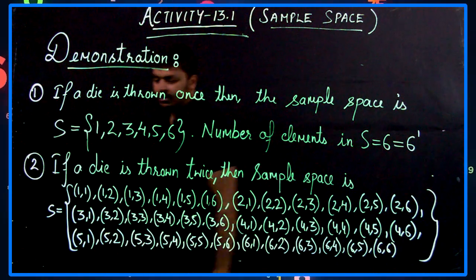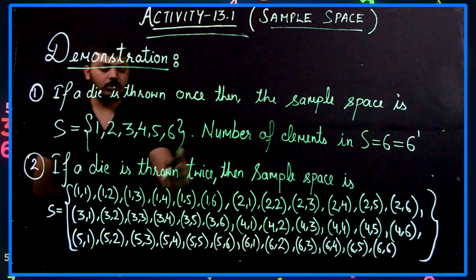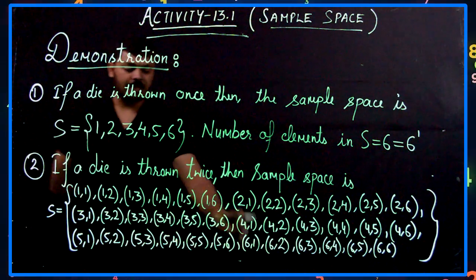So this is the sample space if a die is thrown twice, and the number of ways is 36.